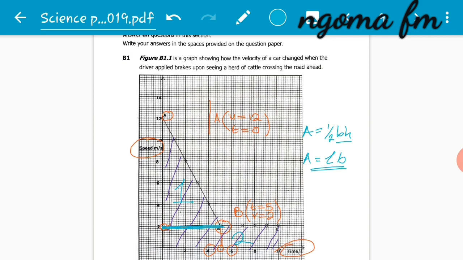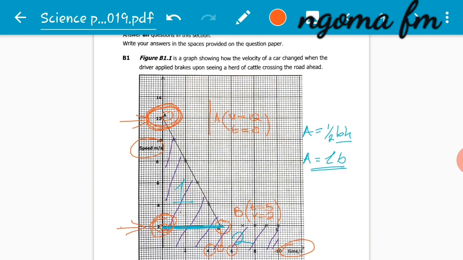So the height of the triangle, how high is the triangle? The triangle spans from point A up to this point. So it is moving from 12 to 2. So how high is the length between 12 and 2? The length is actually 10, because we're just going to say 12 minus 2.